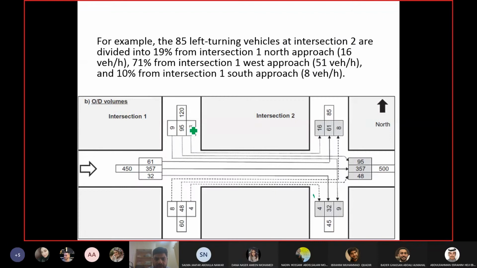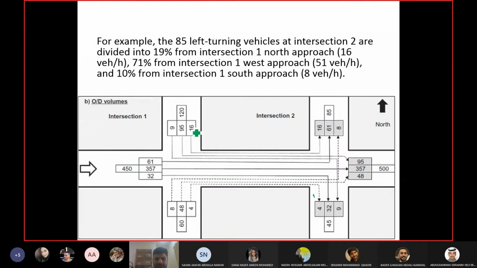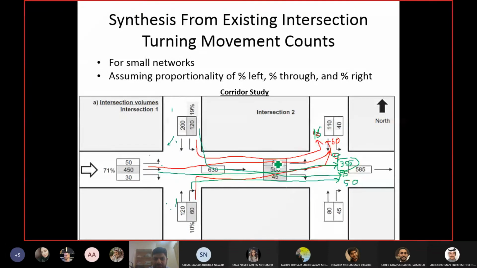Then 95 is the 19% of 500. Then 16 is the 19% of 85. So from this zone, a total of 120 are coming. Out of 120, some will be part of this movement, some of this movement, some of this movement. How much? 19%.